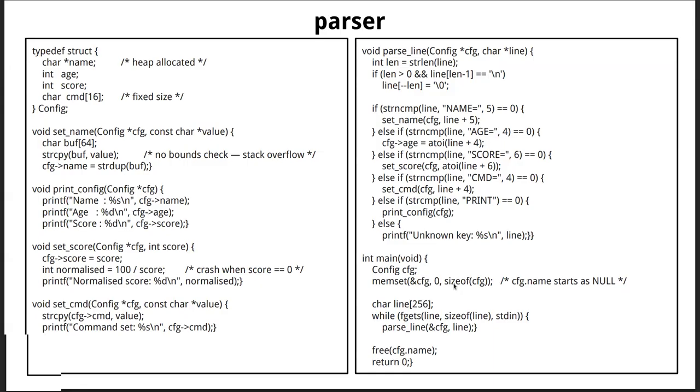The strdup will allocate memory on the heap, which means at some point you should free that memory, otherwise it's a leak. Then assign that address to name. Then print config just prints the name, the age, and the score.